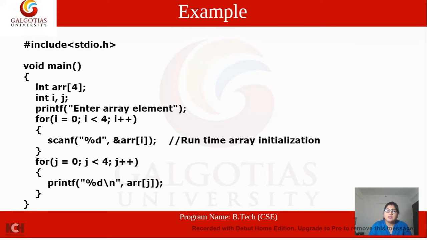And with the help of printf statement, we have written "enter array elements." Now, the general scenario is when I have an array of size 4, I'm expecting 4 values to be stored in the array.